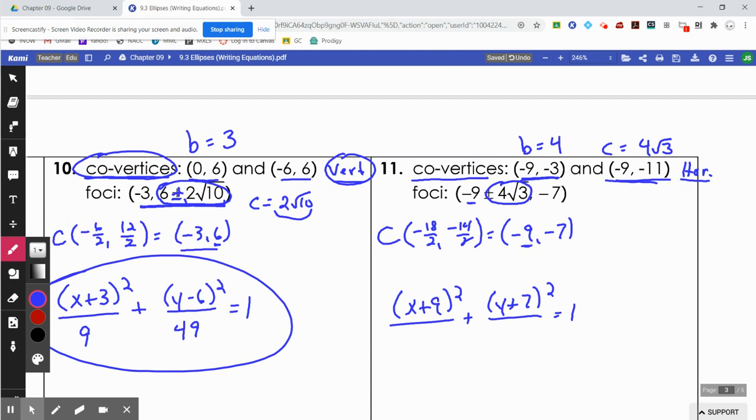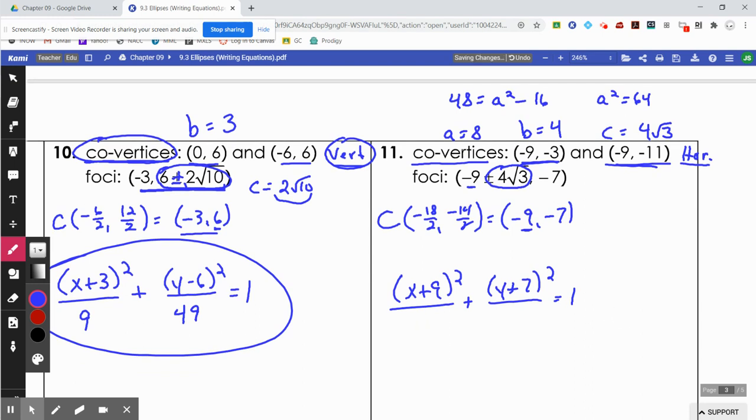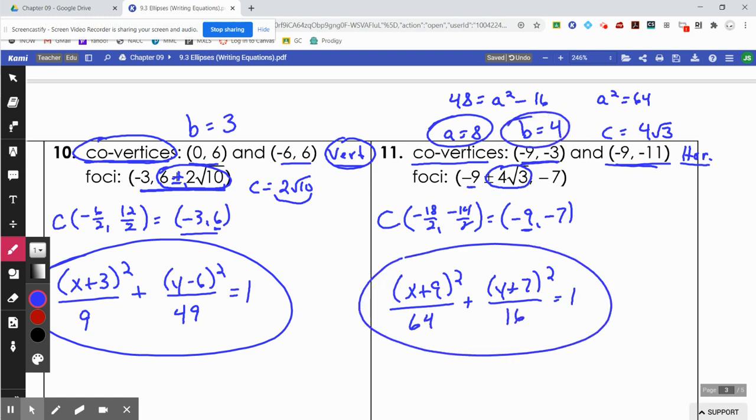And I know that c squared would be 16 times 3, 48. C squared equals a squared minus b squared. When you solve that, it gives you a squared is 64, so my a value must be 8. Since it's horizontal, my larger a squared value goes under x, and my b squared value goes under y.